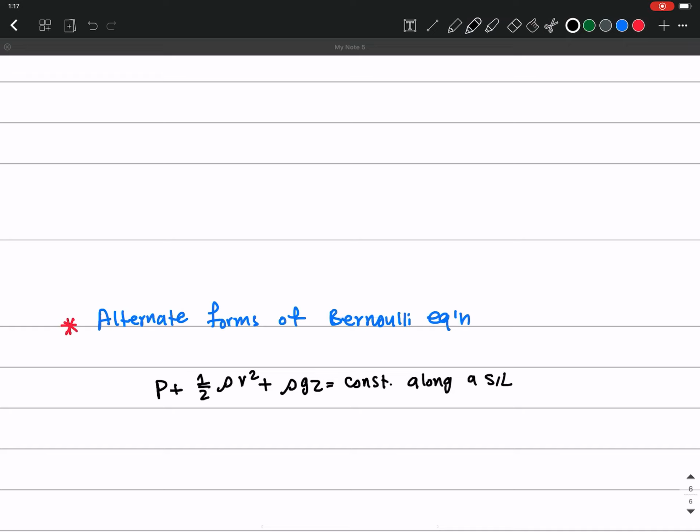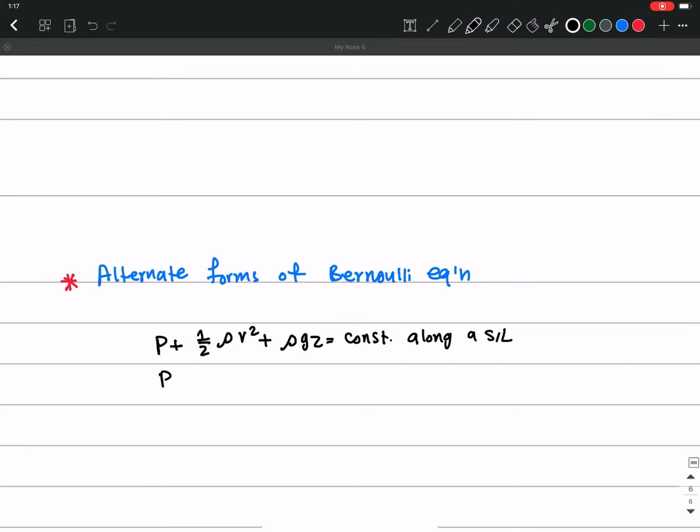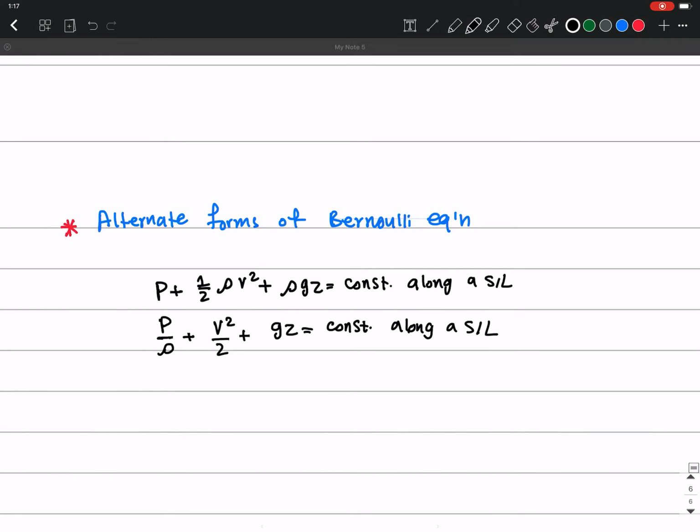So we can divide the whole Bernoulli equation by rho if rho is constant, and this is one of the conditions that we were able to write Bernoulli equation, the incompressibility assumption. So we can get an alternate form of Bernoulli equation: P over rho plus V square over 2 plus GZ equals, again, a constant along the streamline. So this is an alternate form of that equation.